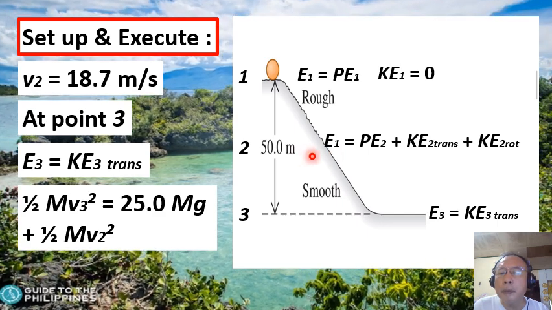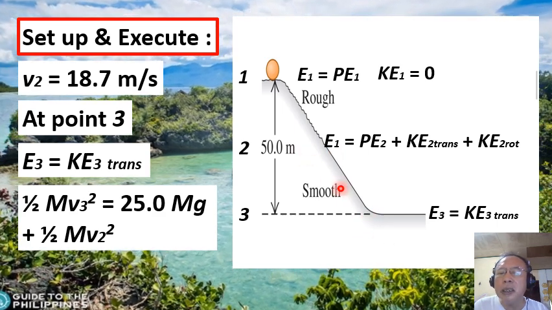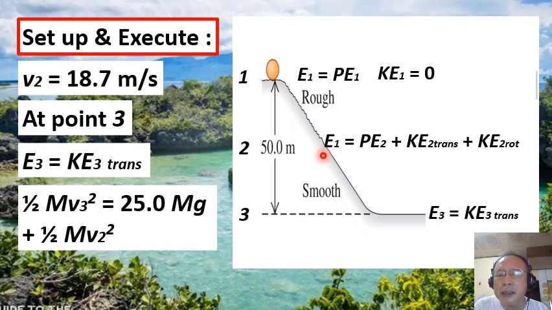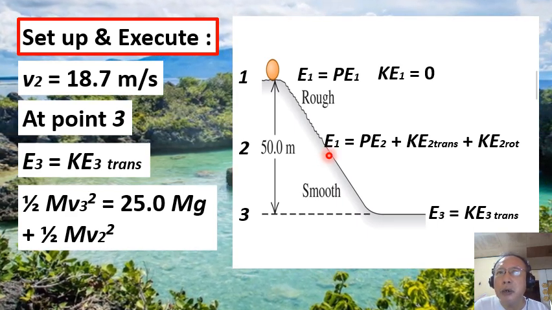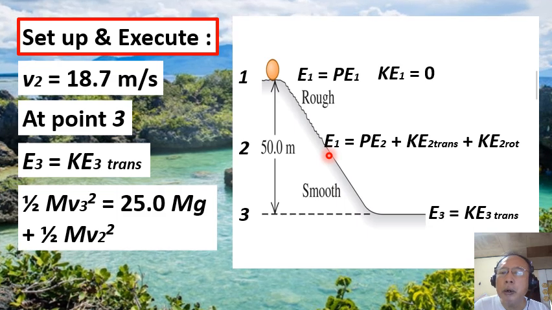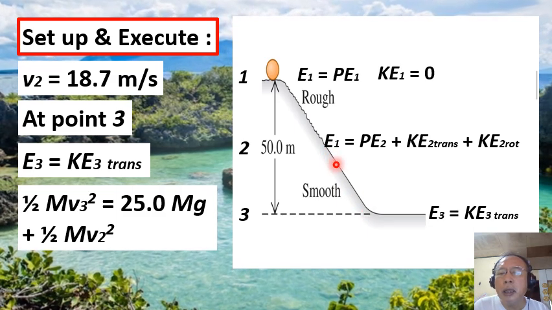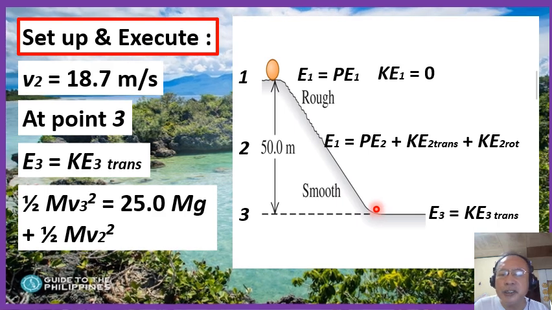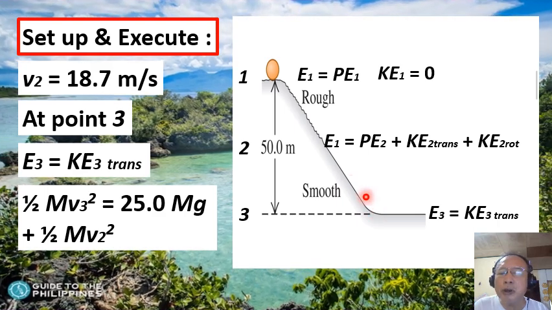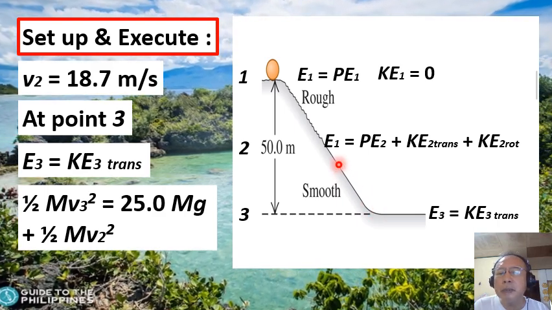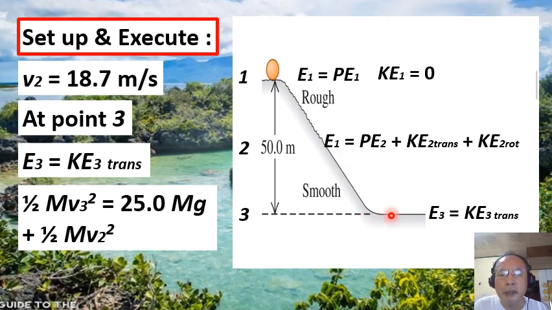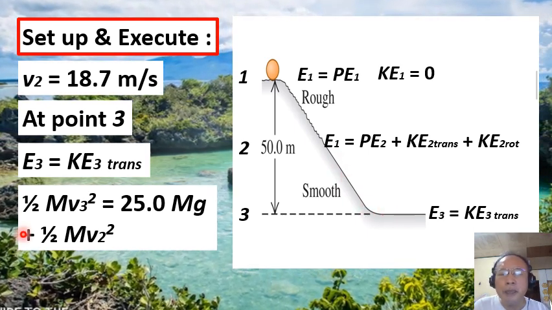So from level 2 to level 3, take note, the boulder is simply sliding. It is not rolling anymore because the lower half of the hill is covered with ice, so there is no friction. The boulder simply slides down until it reaches level 3 or the foot of the hill.